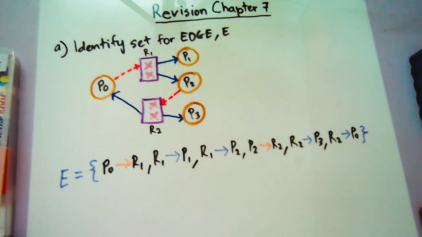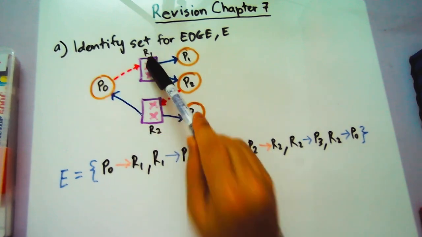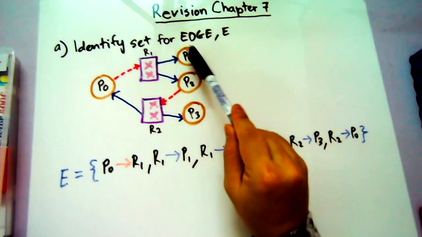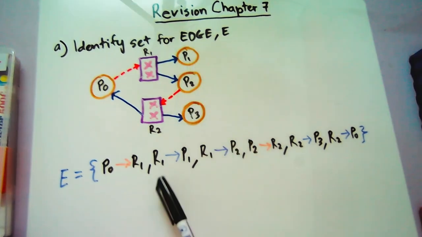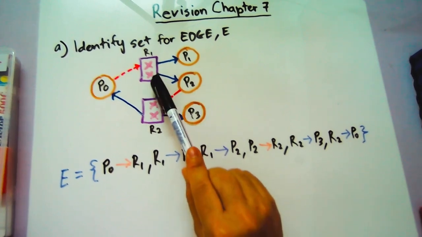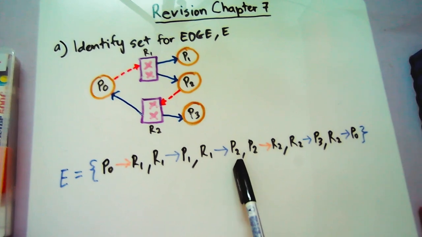Lastly, we recheck the answer of question A. The first edge is the request edge from process P0 to resource R1, P0 to R1. The second edge is the assignment edge from resource R1 to process P1, R1 to P1. The third edge is the assignment edge from resource R1 to process P2, R1 to P2.